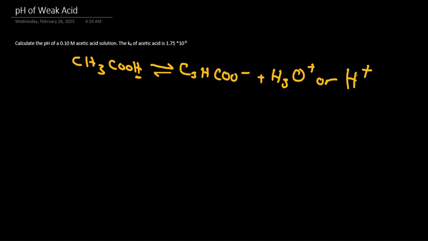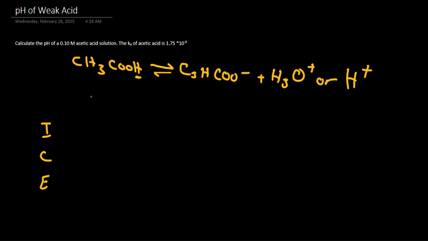Okay, so now we're going to construct the ICE table. In the ICE table you have I for initial concentration, C for change, and E for equilibrium, when everything is equal to each other.